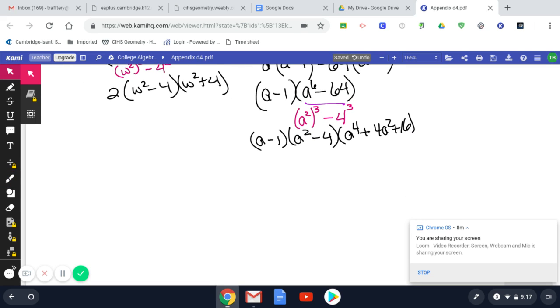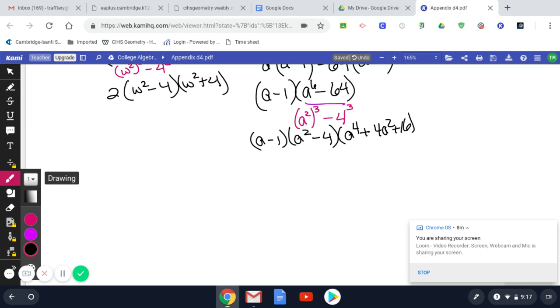Now from here, do you notice anything else? One of the things that I'm going to notice is that this right here is the difference of squares again. So then I have a minus 1, and then I have a minus 2 and a plus 2.